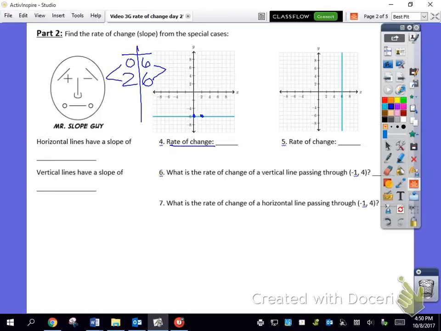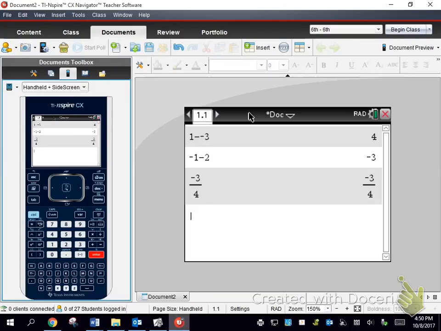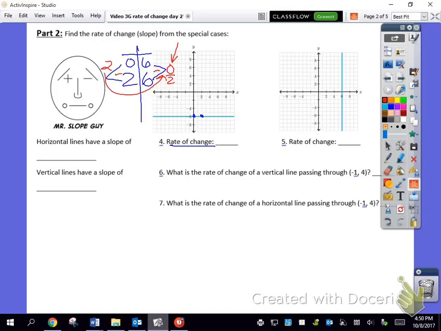If I subtract, 2 minus 0 is 2, 6 minus 6 is 0. Swing that over. Now I have to enter from the top down. So you've got 0 divided by 2, which is 0. So this rate of change is 0. Notice over here, see this flat line like West Texas. See this flat line right here?